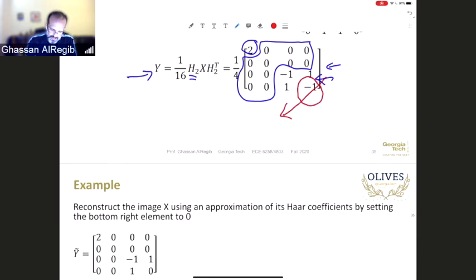I want to make this a 0, so that I have an error, or as one of you asked in the chat, what happens if I don't add part of a detail? Remember, we have this in here as a detail, right? So what if just one number, the negative 1 here, becomes a 0? What happens if that's the case?